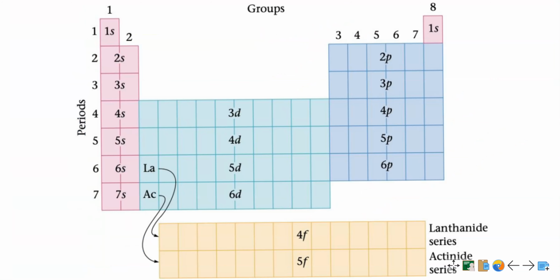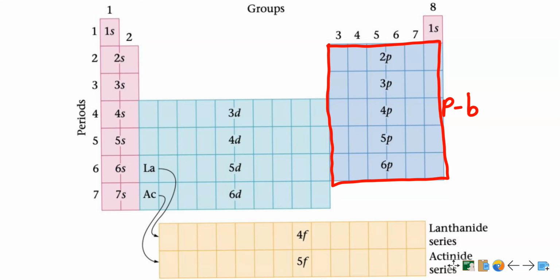The periodic table is also a great way to remember electron configurations. So you have this section over here that is called the p block. Now, since it is called the p block, everything in there, the last part of its configuration is a p.